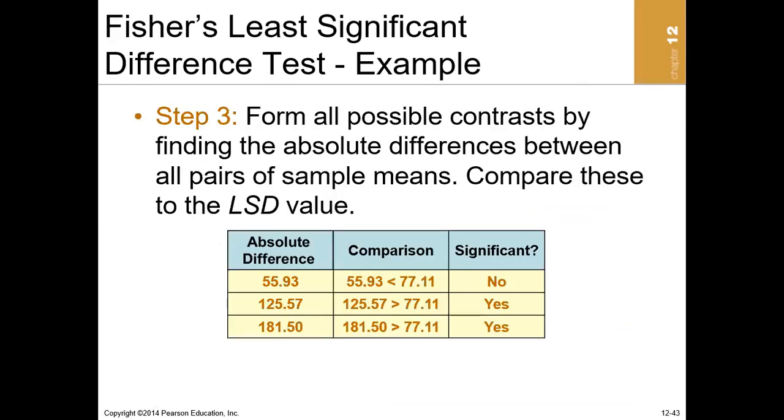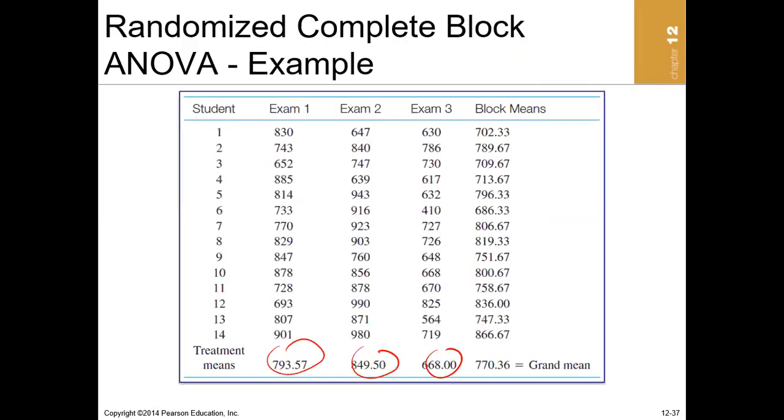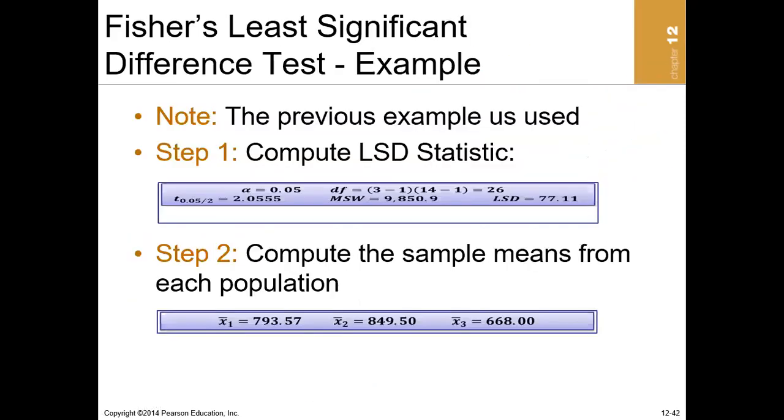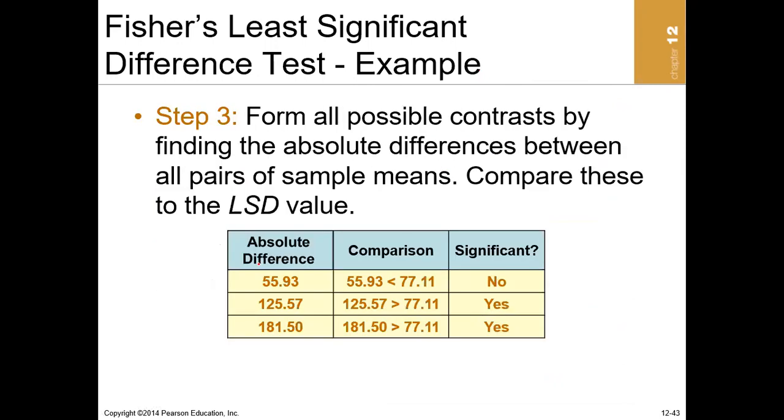Group 1, its average was 793.57. So group 1 average minus group 2 average. When you ignore the negative, you are going to get this value here.